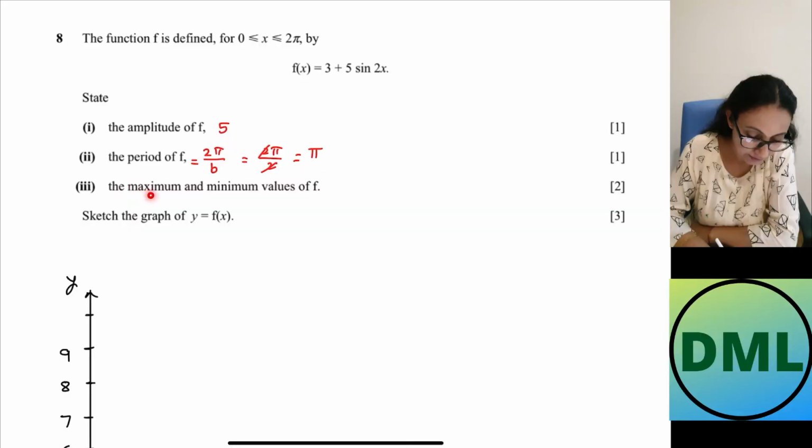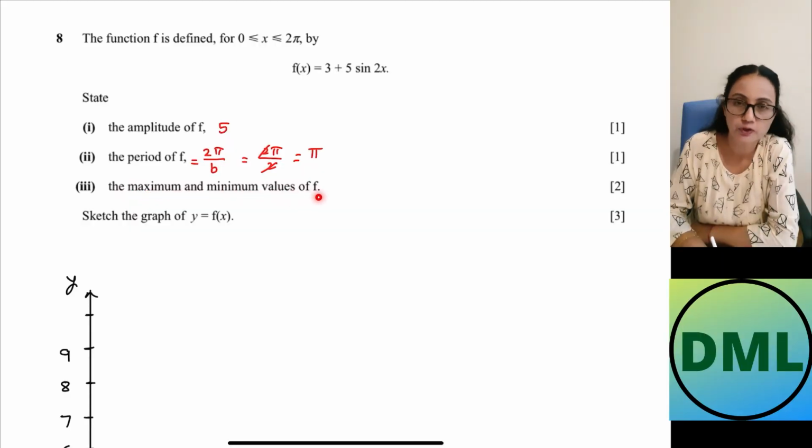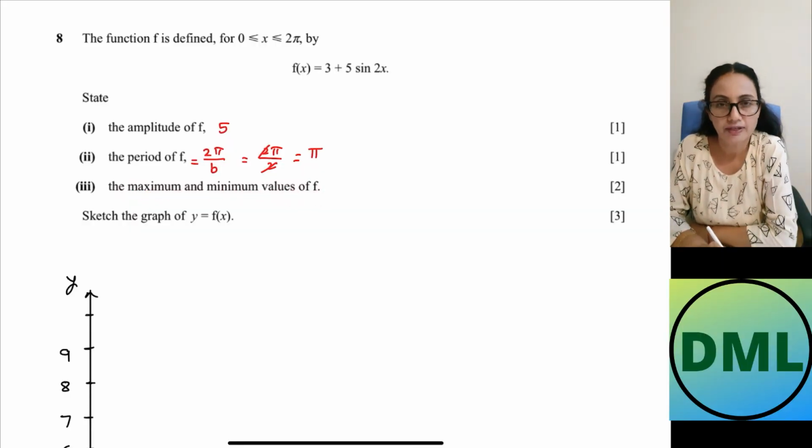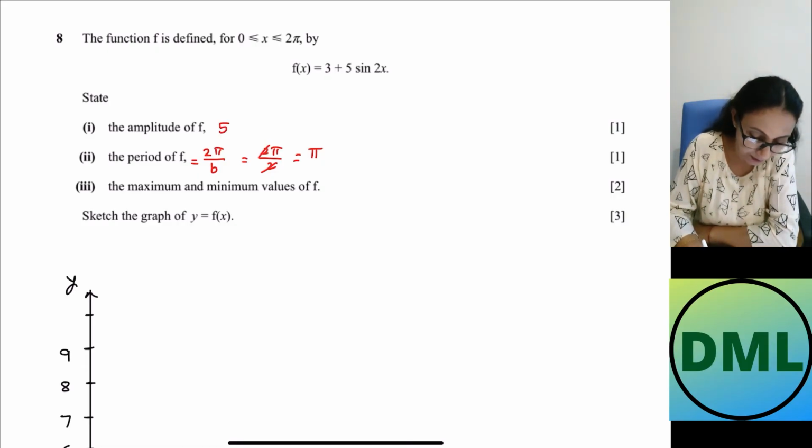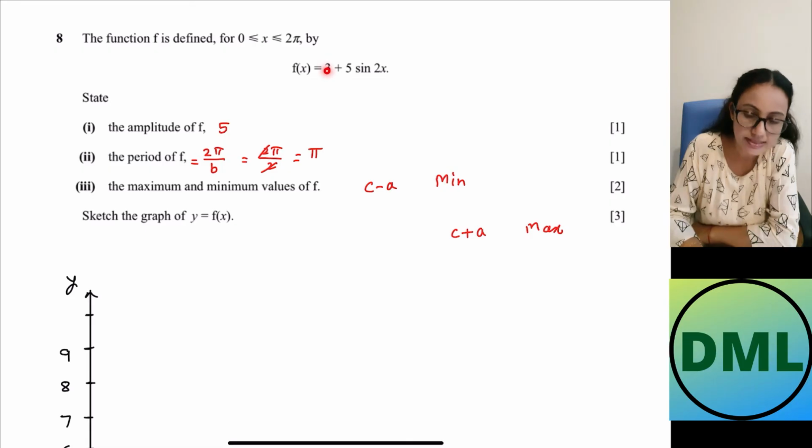I need to calculate the maximum and the minimum values of f. As we have done earlier, c minus a is our minimum value and c plus a is our maximum value. What is the value for c here? The value for c is 3.